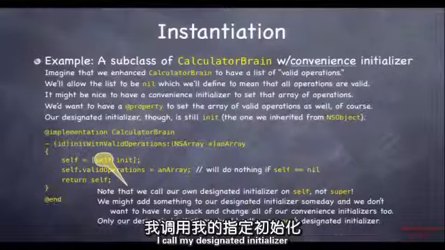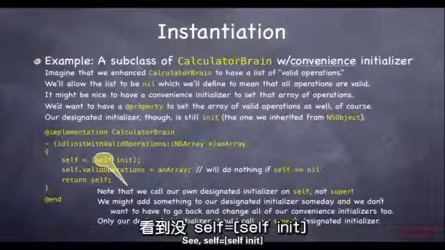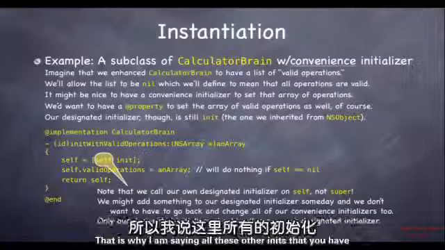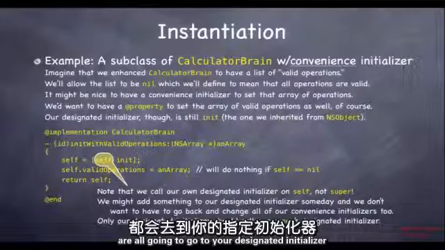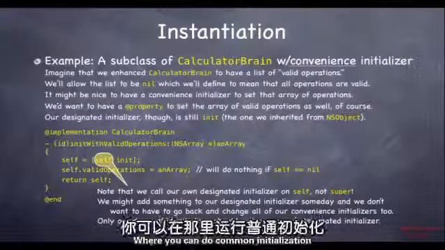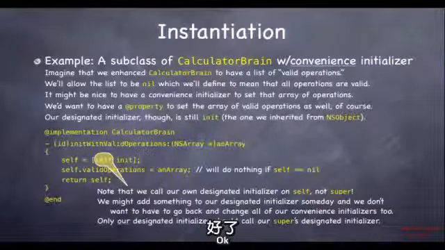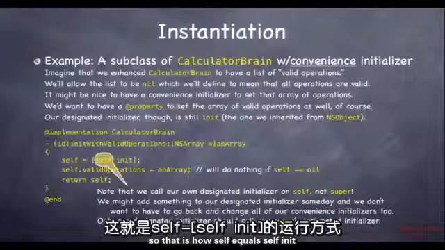I call my designated initializer. Got it? See? Self equals self init. I'm calling my designated initializer from my convenience initializer. That's why I'm saying all these other inits that you have are all going to go to your designated initializer, where you can do common initialization, and then you're going to go up to super. OK? So self equals self init.